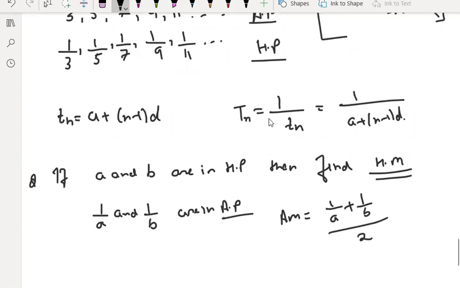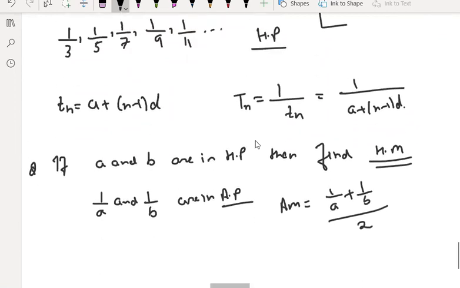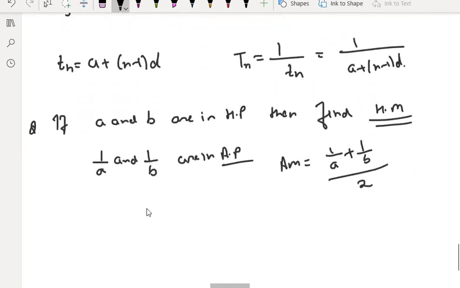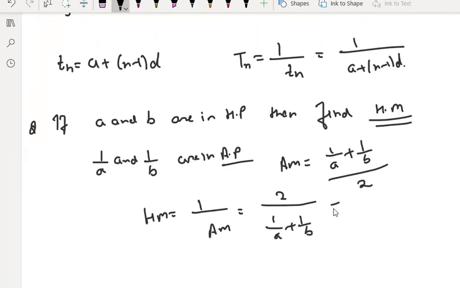So what about HM? HM, harmonic mean, should be 1 by this AM, which is equal to 2 divided by 1 by A plus 1 by B, which is 2 into AB by A plus B. Got it, everyone? Got it?